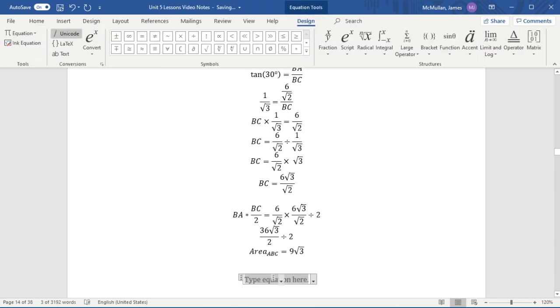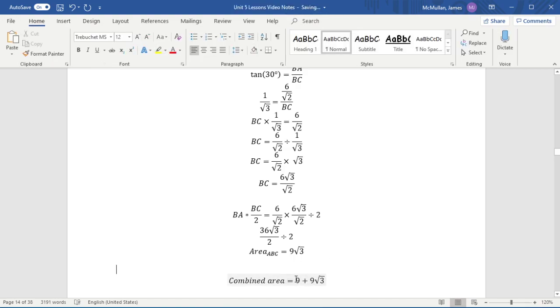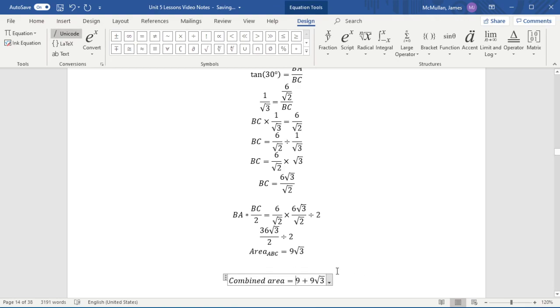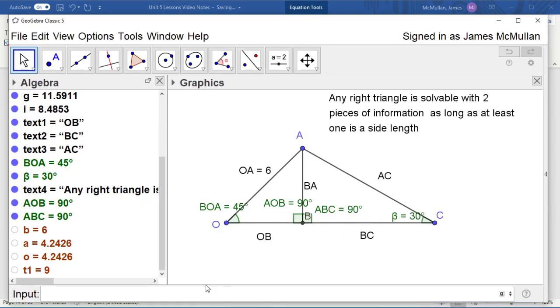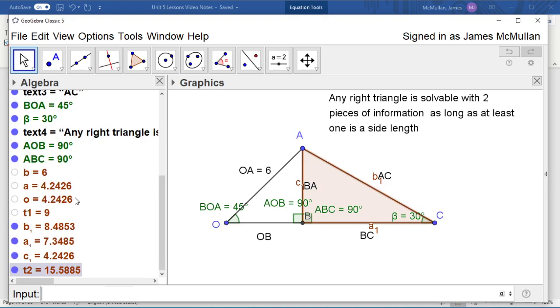So the combined area is 9 plus another 9 root 3 because the first triangle had 9, the second triangle had 9 root 3. You can't join these together, remember, because one has a radical and one doesn't, so you just leave it at that. Now let's check this answer with what GeoGebra says. Let's have it draw a polygon ABC, so the right-sided triangle.